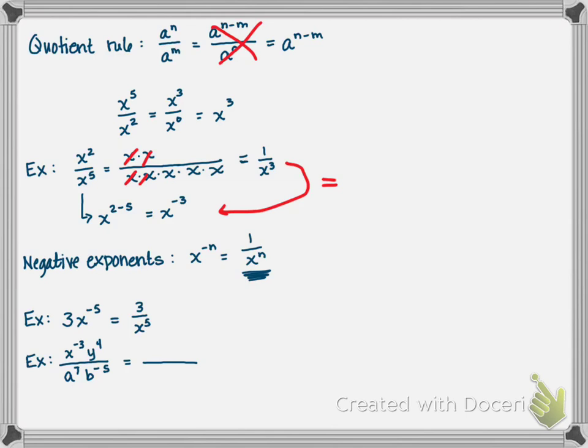So if I have x to the negative third on top, then I want to divide by x to the positive third. Y to the fourth, I'm just multiplying by 4 factors of y, so that stays where it is. And a to the seventh is just multiplying by 7 factors of a on the bottom. But then if I have b to the negative fifth, and I take the reciprocal, that's going to be up here. No 1's in sight.